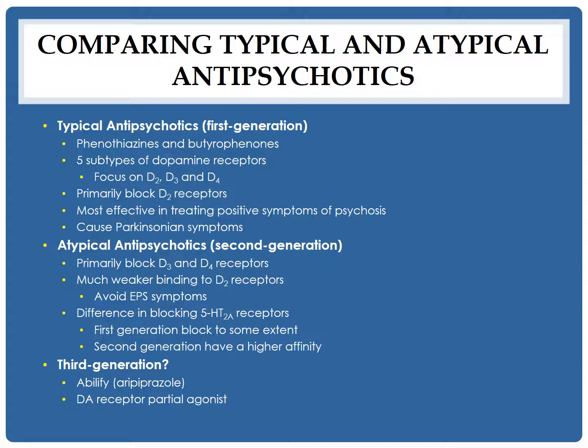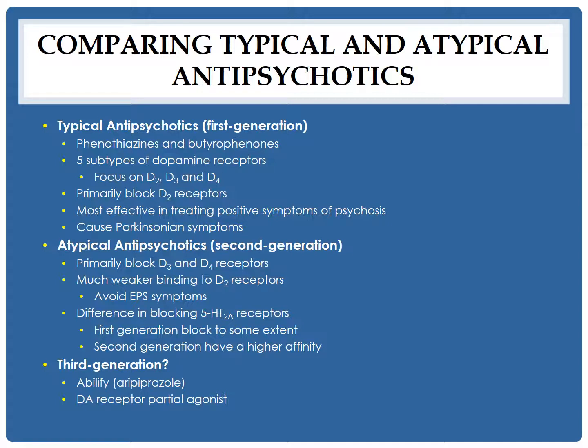High numbers mean that they have a much higher dissociation constant for the D2 receptor as compared to the serotonin 2A receptor. Low numbers mean the opposite: they have a higher affinity for the D2 receptor as compared to serotonin. So that's how you can interpret the right side of that figure. That might be one reason why the second generation drugs work better on negative symptoms than the first generation, because of the role of that serotonin receptor.